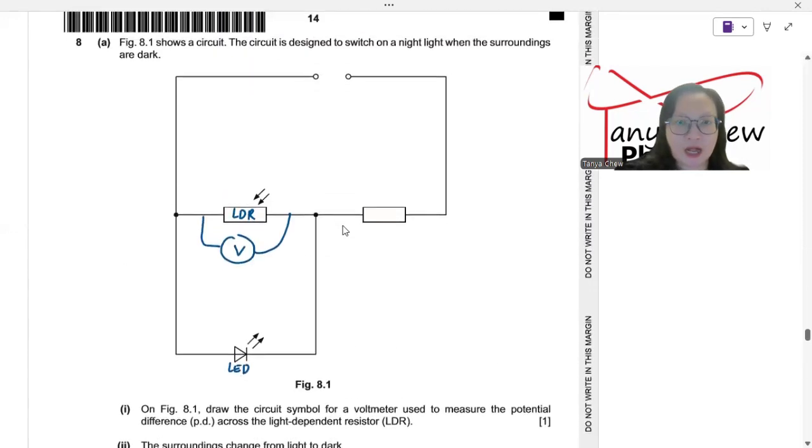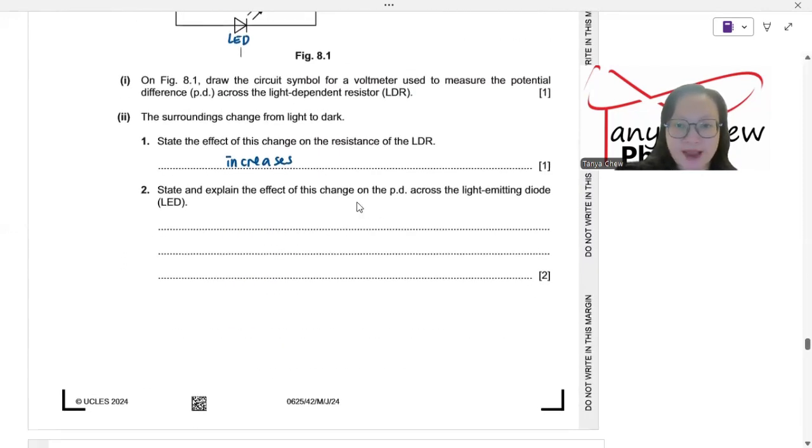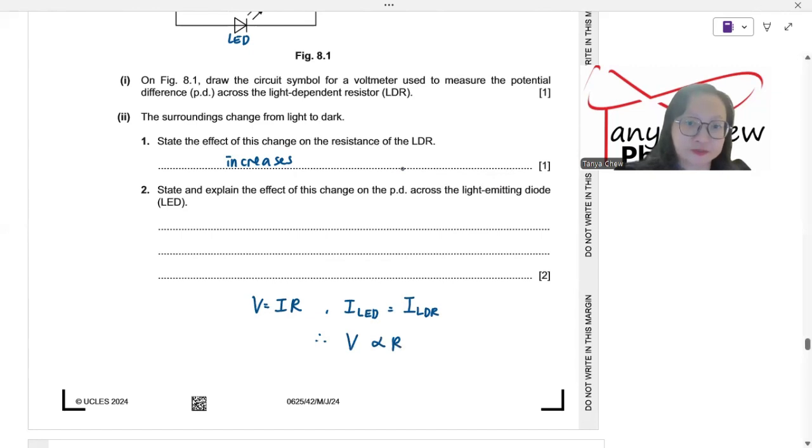So what happens here is that when the resistance across the LDR increases, V equals IR. Since the LED and LDR are connected in series, I across the LED is the same as I across the LDR. That is why V is directly proportional to the resistance.